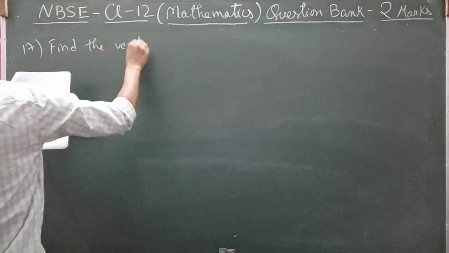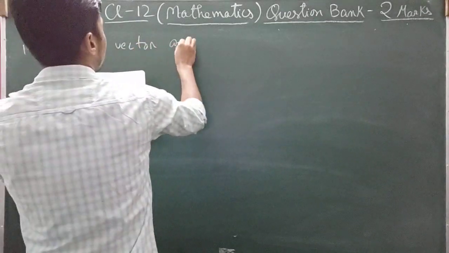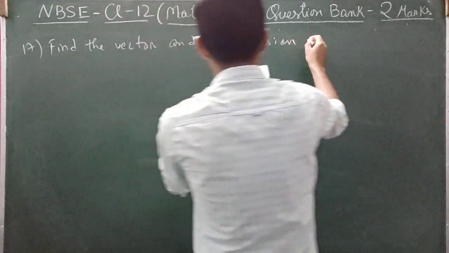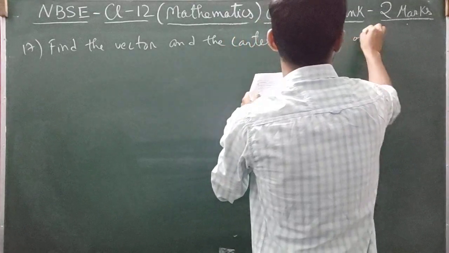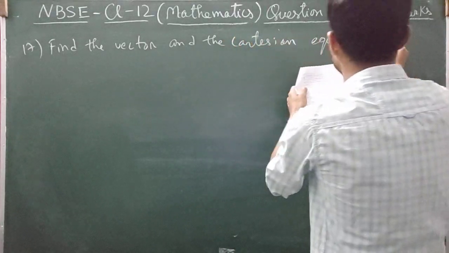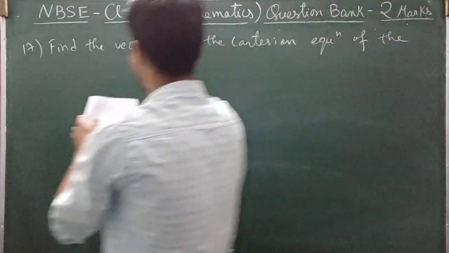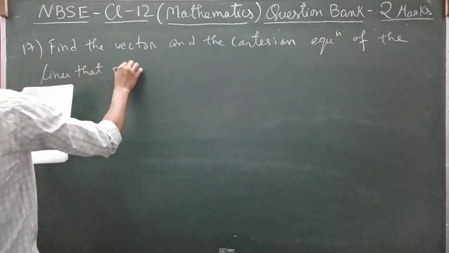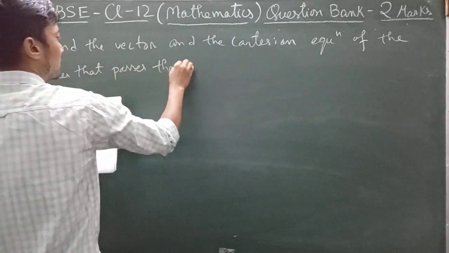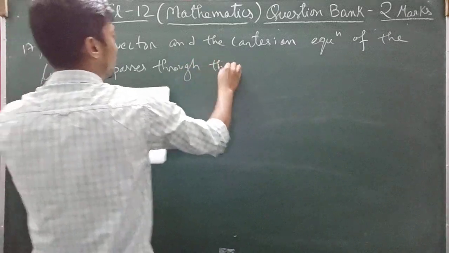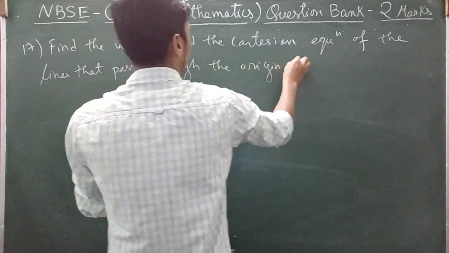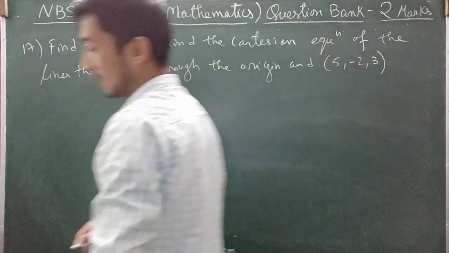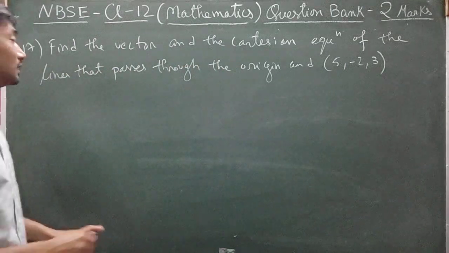Find the vector and Cartesian equations of the lines that pass through the origin and the point 5, -2, 3.